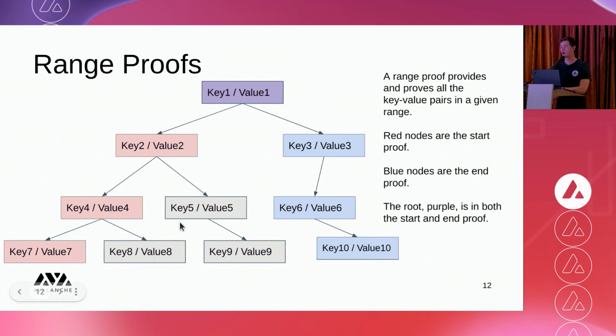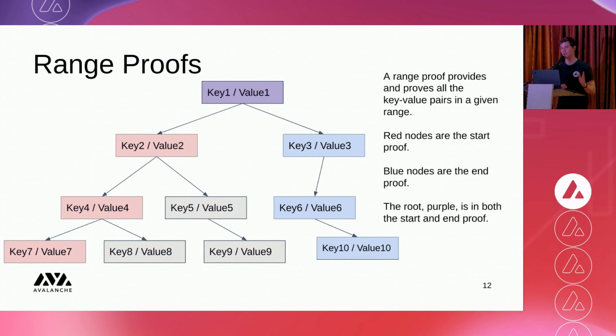And then for all of the other key values, namely these gray ones, I actually don't give you the entire node, right? Like I'm not going to say to you key 5's children are key 9 or whatever. I just give you the straight up key values. And it turns out that this is enough to prove that there's no other key value pairs in that range that I'm not giving you.